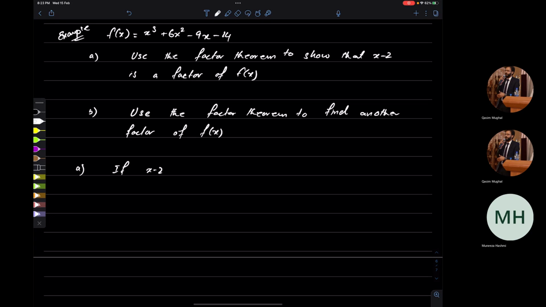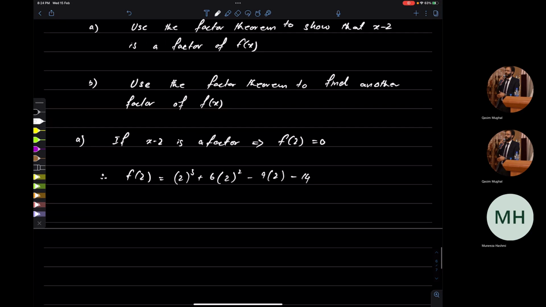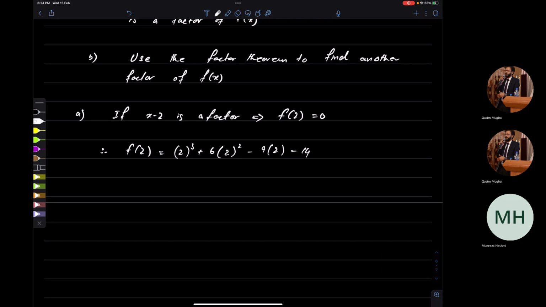If x minus 2 is a factor, then f of 2 should be equal to 0. Therefore, let's find f of 2. 2 cubed plus 6 times 2 squared minus 9 times 2 minus 14. So let's just calculate this.